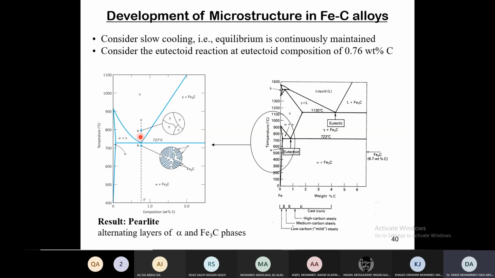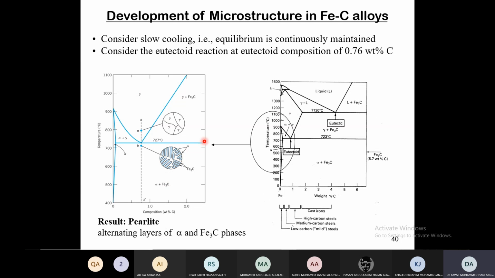As we cool down in the gamma zone, nothing is going to happen until we reach the eutectoid isotherm, that temperature. Once we go just below the eutectoid isotherm, the material wants to change from the gamma phase to two phases, alpha and cementite.